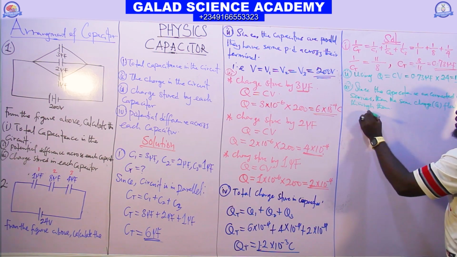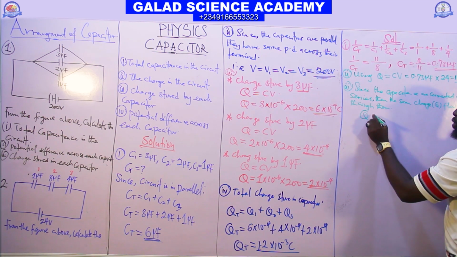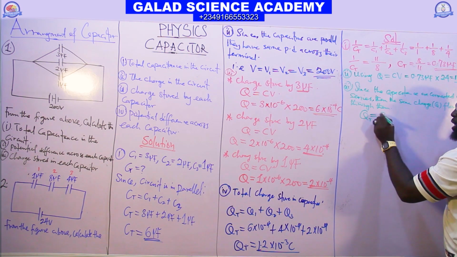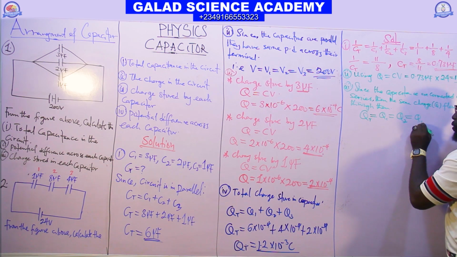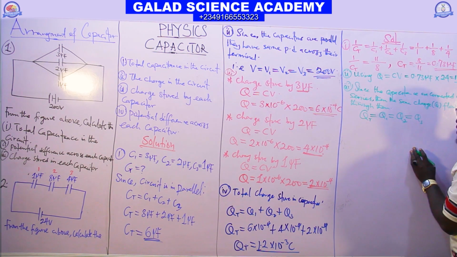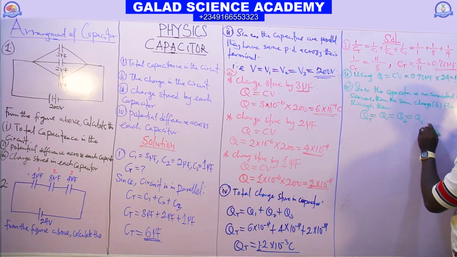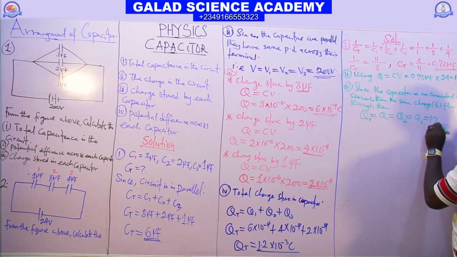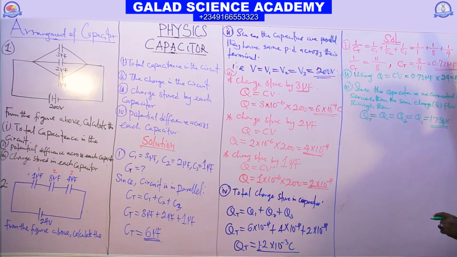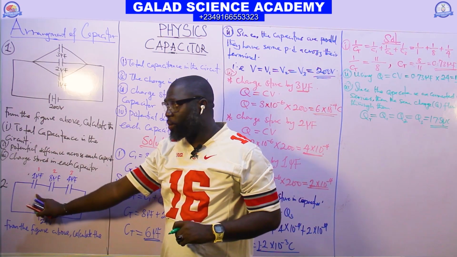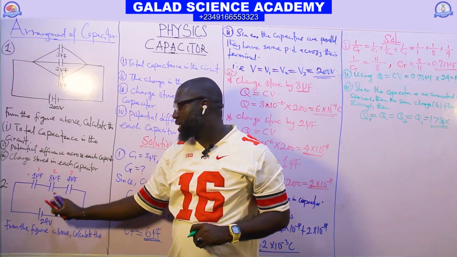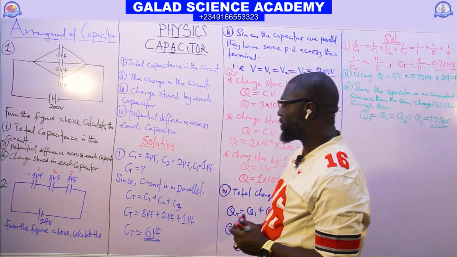If that be the case, Q total should be equal to Q1, Q2, Q3. As a result of that, the Q total we have is 17.5 microcoulomb, which flows through the 1 microfarad, 8 microfarad, and 4 microfarad capacitors.